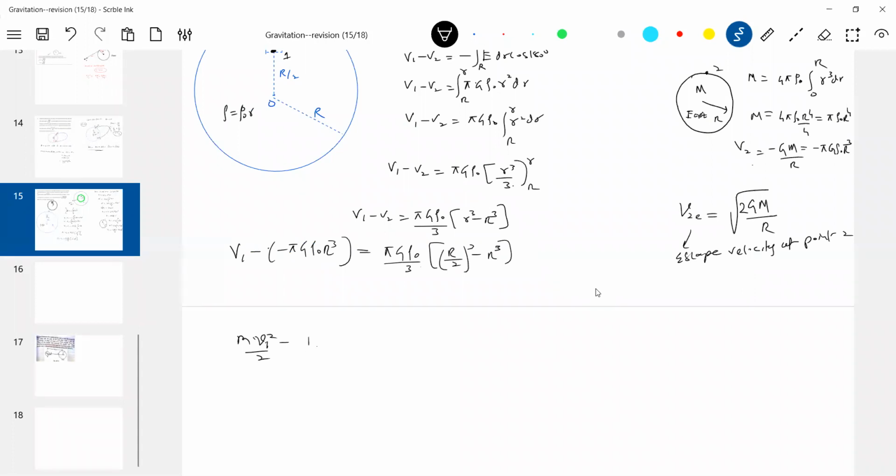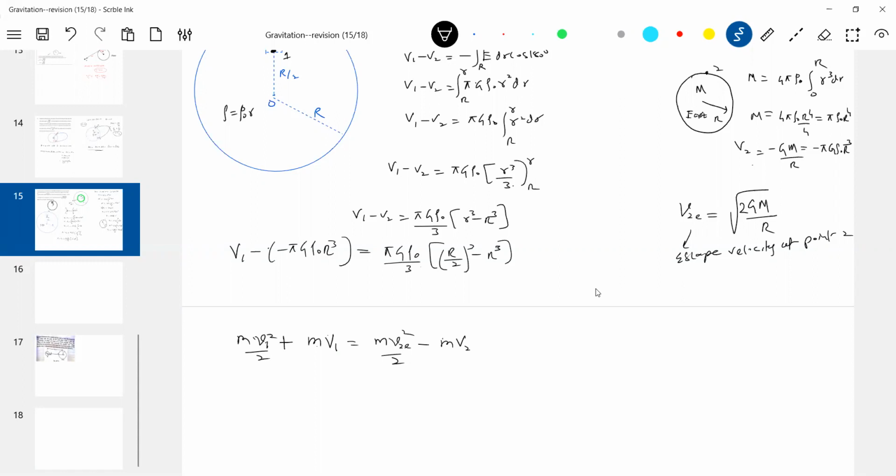The expression for potential energy will be m into V1, let's say, should be equal to. Please do follow this equation. This is something very important.